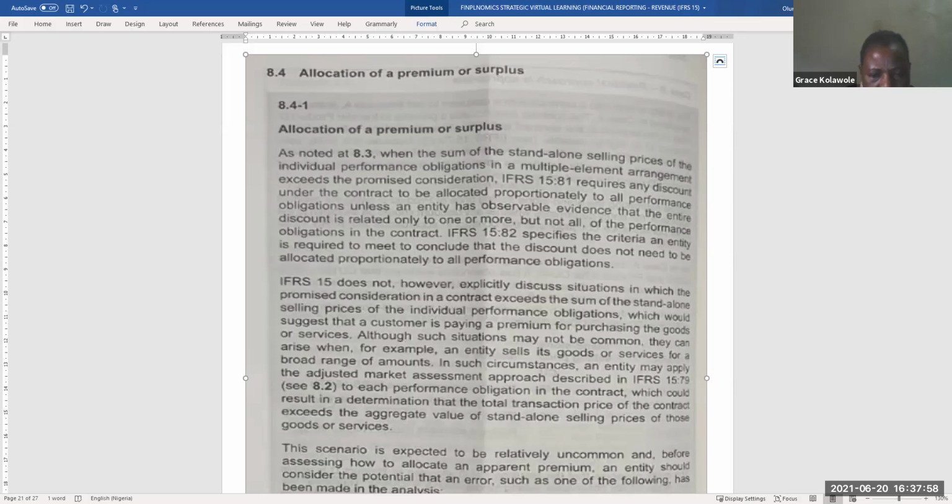In such circumstances, an entity may apply the adjusted market assessment approach described in IFRS 15, paragraph 79, to each performance obligation in the contract, which could result in a determination that the total transaction price of the contract exceeds the aggregate value of standalone selling price of those goods or services.